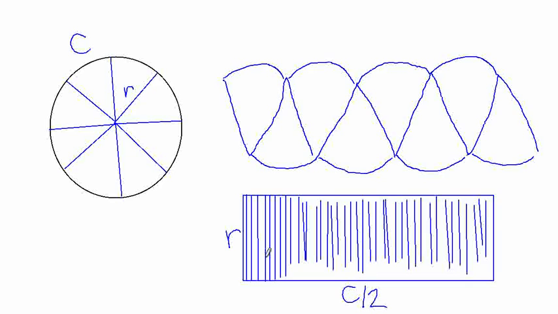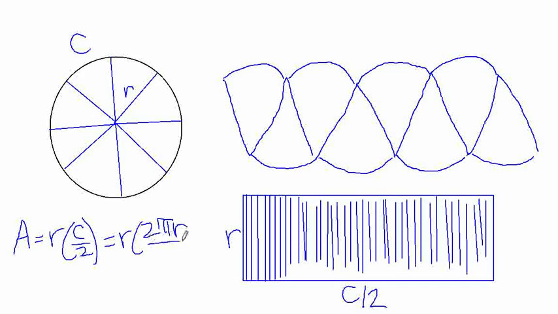So to calculate the area of the circle, we can find the area of the rectangle, which is much easier. The area of a rectangle is the base times height, length times width, whatever you call it. So if we denote the area by A, that's equal to r times half the circumference. But we know that the circumference is equal to 2 pi r.